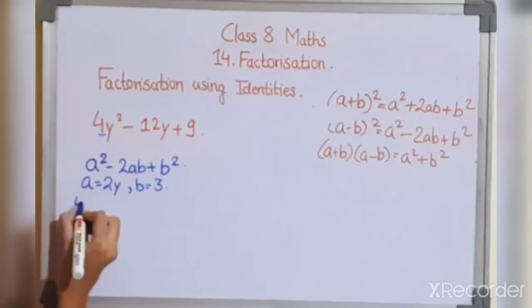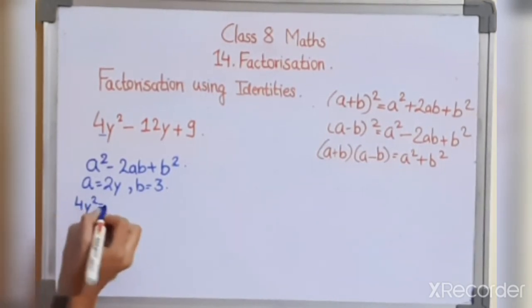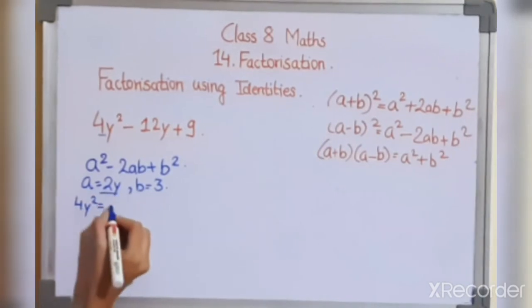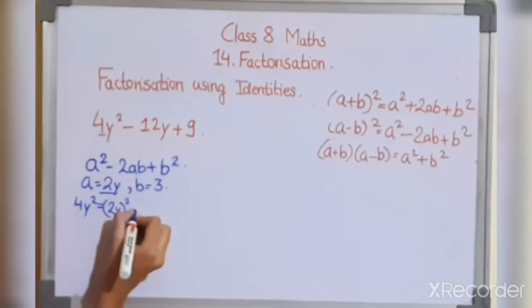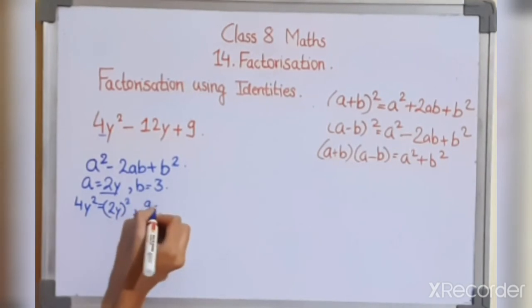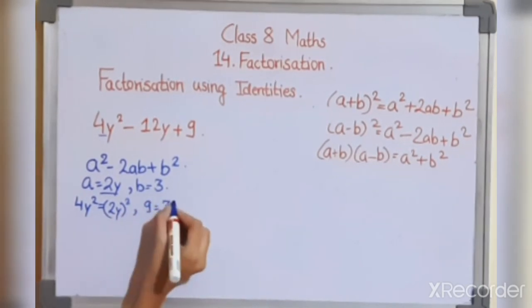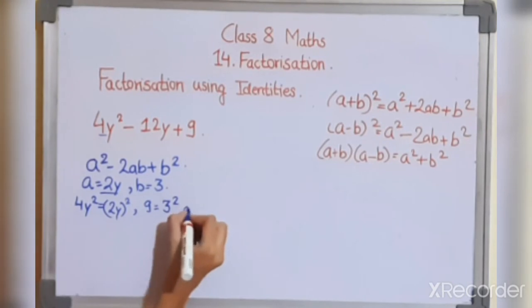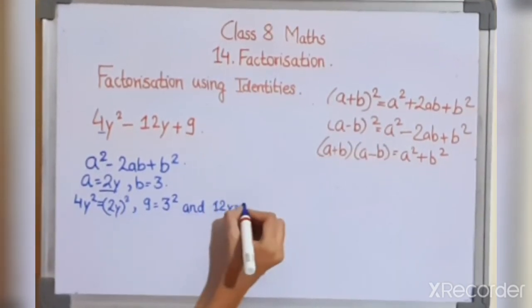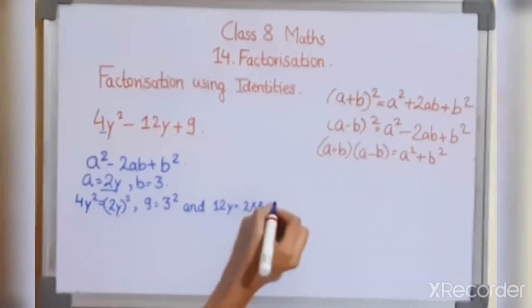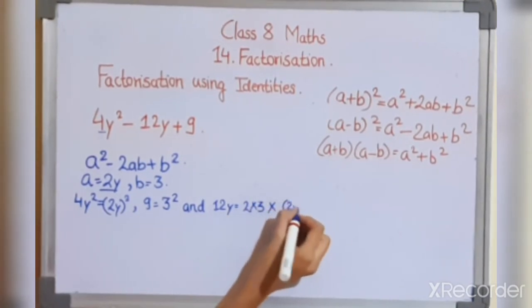Now 4y square is going to be, as we know a is 2y, (2y) whole square, and 9 is going to be 3 square, and 12y is going to be 2 into 3 into 2y.